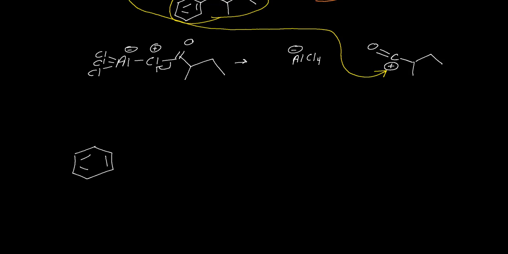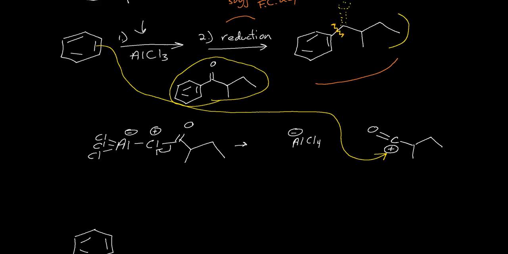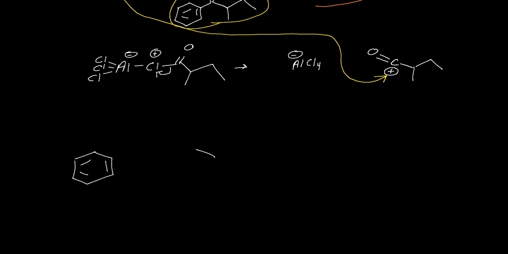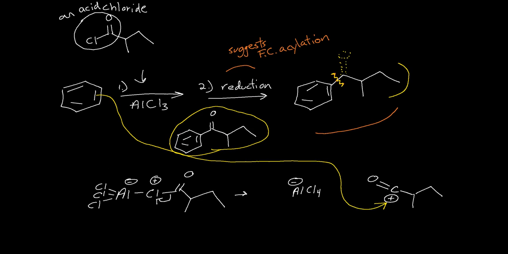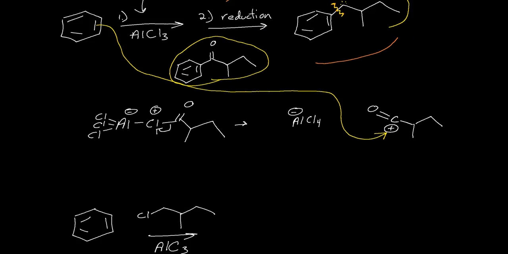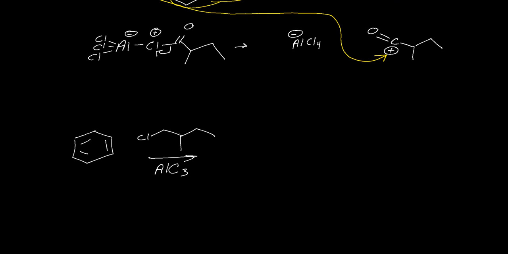The answer to a lot of these questions is, well, let's see what happens when we do that. So here's our benzene. We want to add that group. So we're going to say to ourselves that we're just going to do Friedel-Crafts alkylation, AlCl3. Just checking the group: 1, 2, 3, 4, 5 carbons. Yes, 5 carbons.